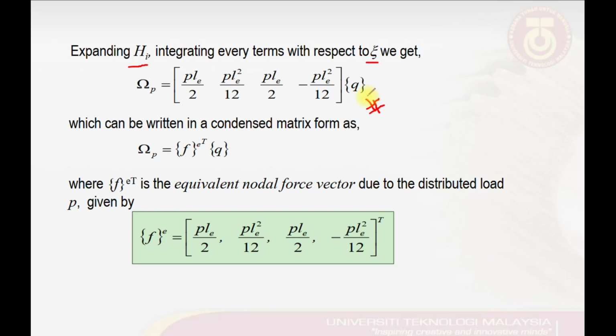We can write this equation in a more compact matrix form, as given by the second equation here, where f contains all of the coefficients contained in the square brackets.